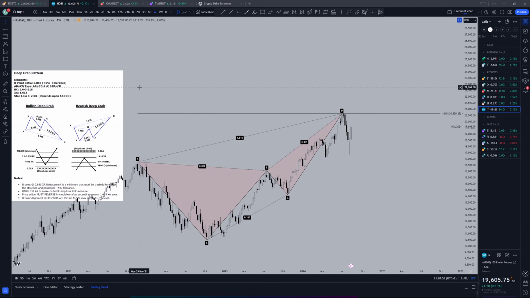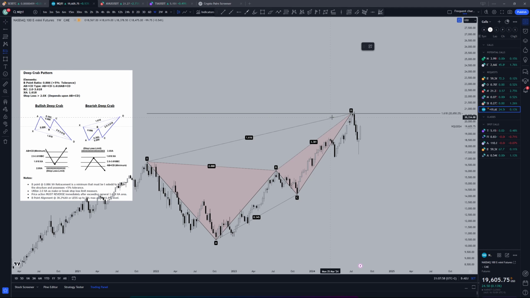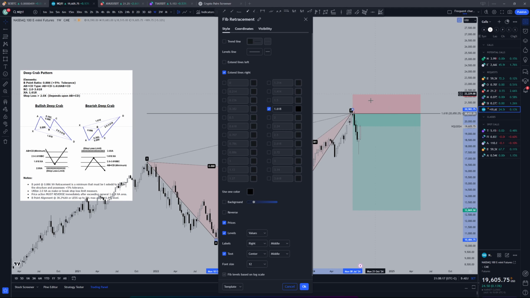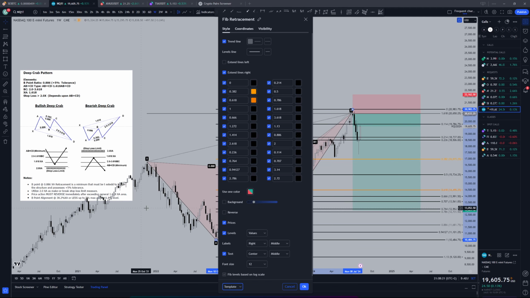So this is what we rejected off of. We rejected off of this deep crab. I shared this play, but I also said in the play, I'm not taking it. I don't trade options. But one thing that is important to note, which I'm mainly looking at, is actually, I'll put it on clear just so it's easier to see.